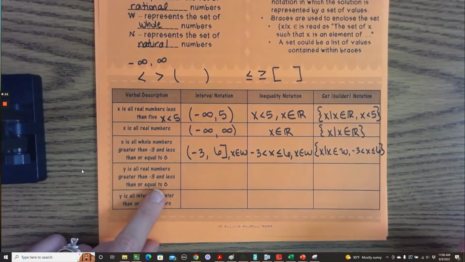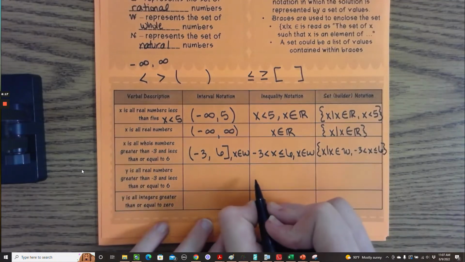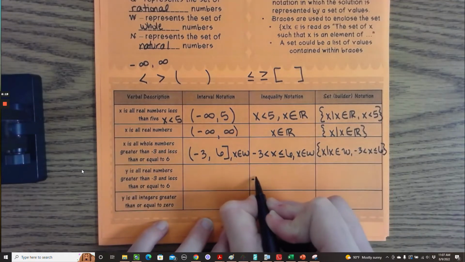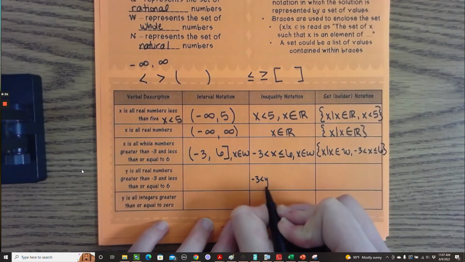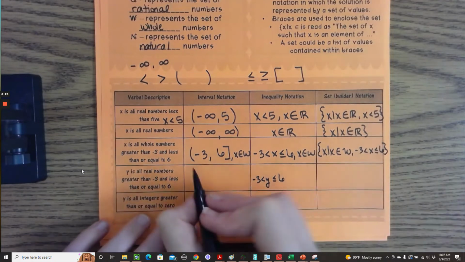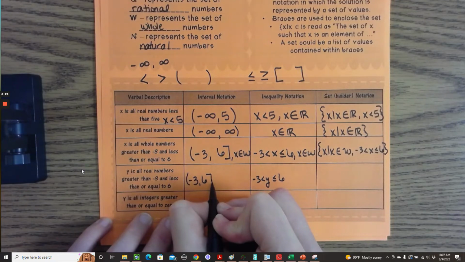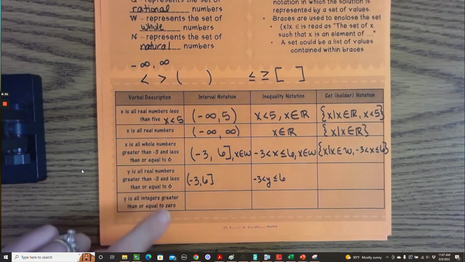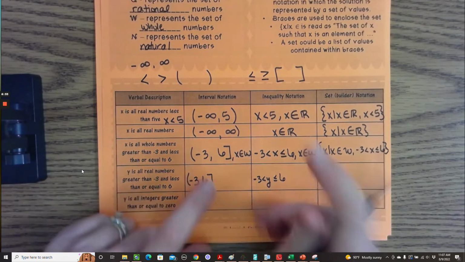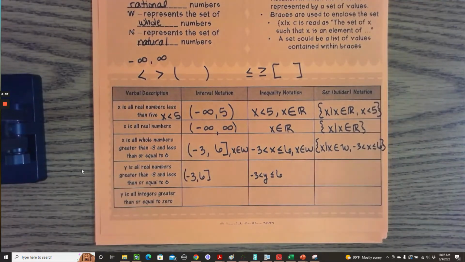All right, y is all real numbers greater than -3 and less than or equal to 6. Now this one says y. We would write this one the same way as the one above, but with a y. This would be the same as well. With it being all real numbers, we don't have to do the specification here because it's all real numbers.